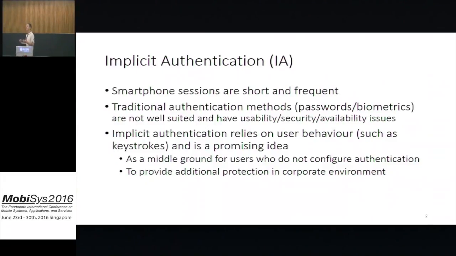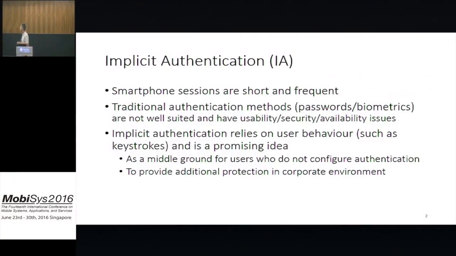What you do there is the phone over time learns how its user, its owner, behaves. For example, the locations the user is going to, the text the user is inputting. And so if somebody else then picks up the phone and starts using it, the phone realizes, hey, it looks like you're somebody else, you're not the owner of the phone. I'm going to lock up. I better be careful.